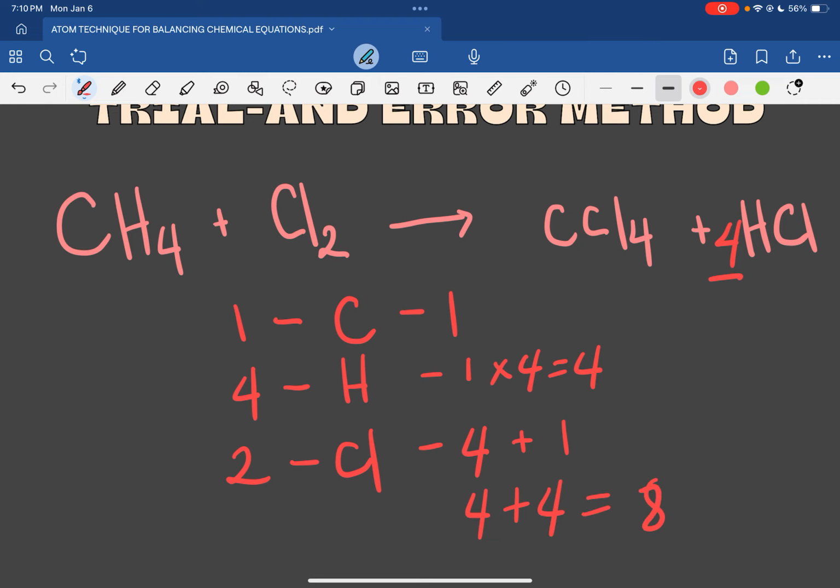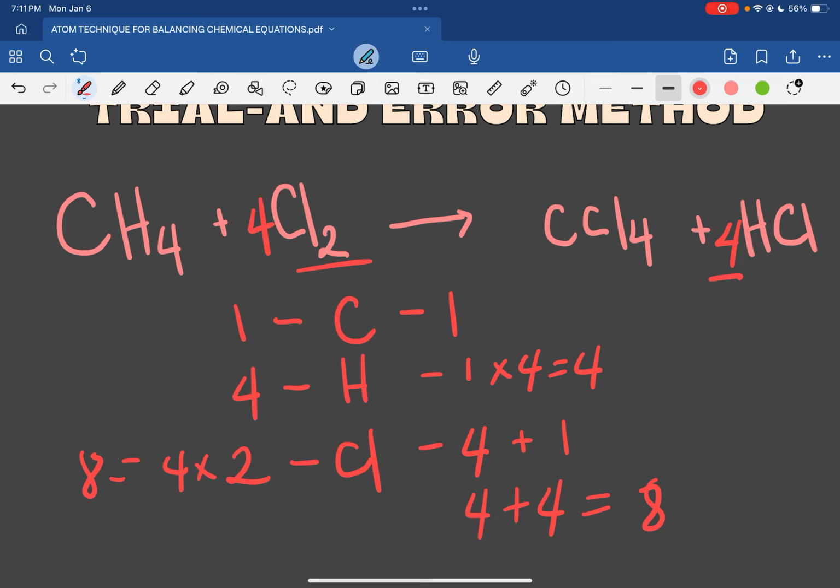So in order to balance the number of chlorine atoms here, we're going to put the coefficient 4 in here. As you can see, the equation is already balanced.